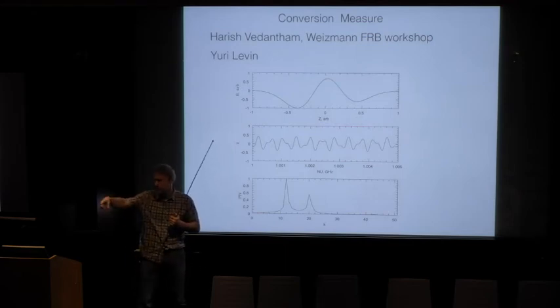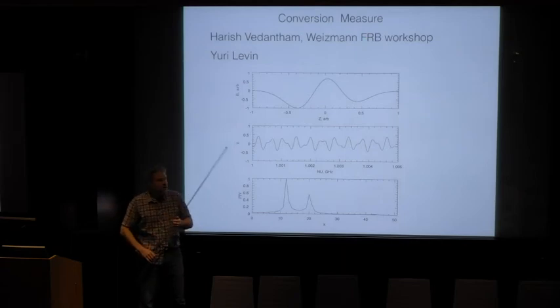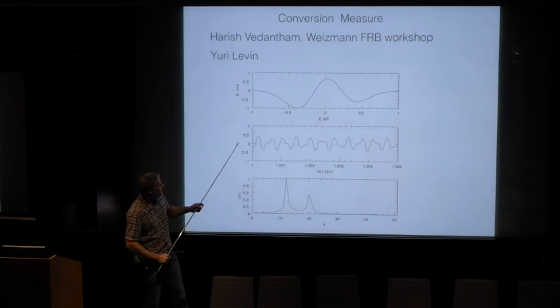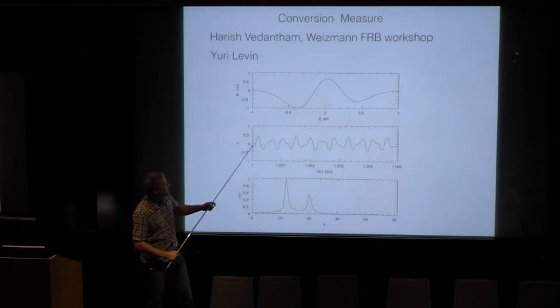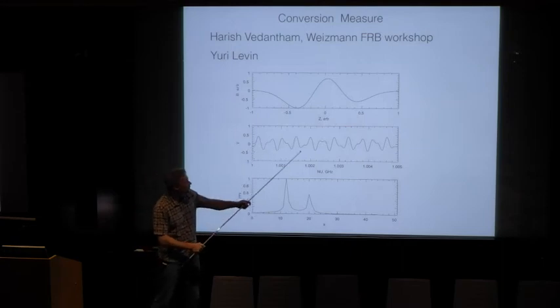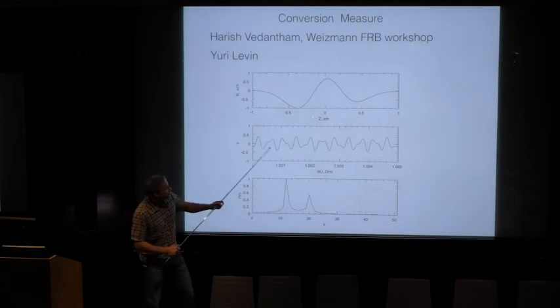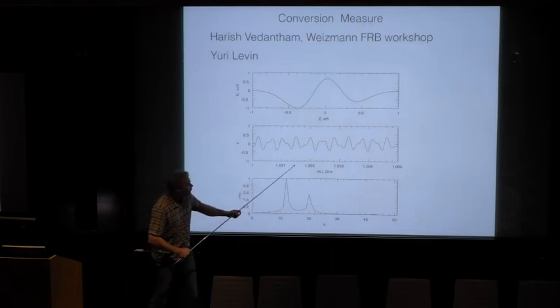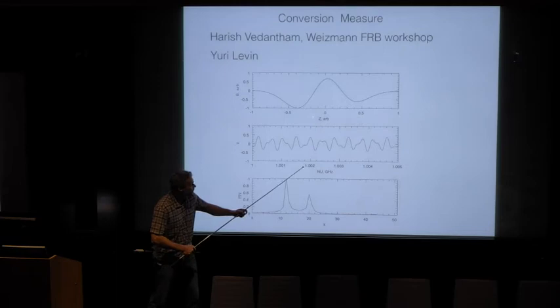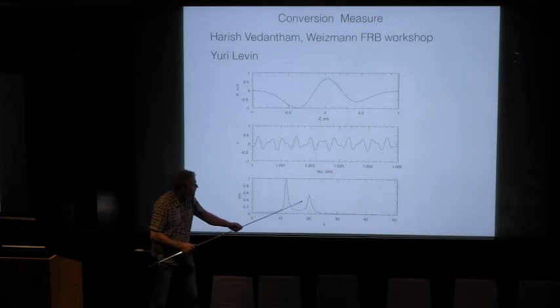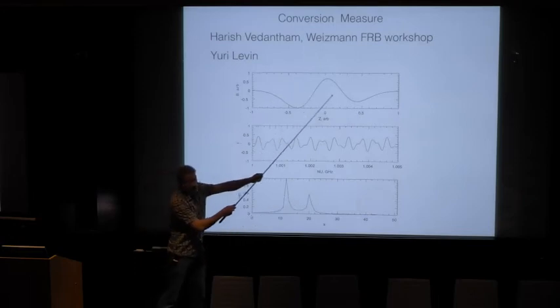If you can measure it very well at gigahertz frequencies, the resulting Stokes V parameter, the circular polarization, will vary quasi-periodically as a function of frequency. If you now do a Fourier transform with respect to the frequency, you will have two peaks, each peak for each magnetic field zero.